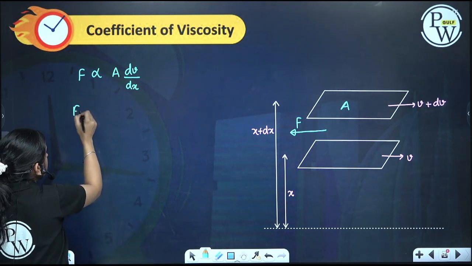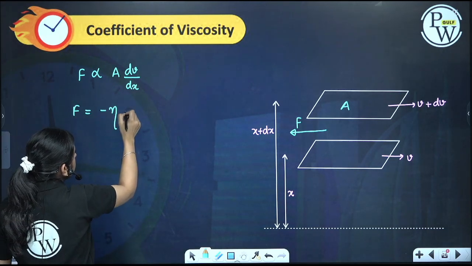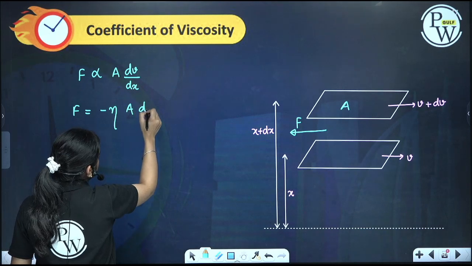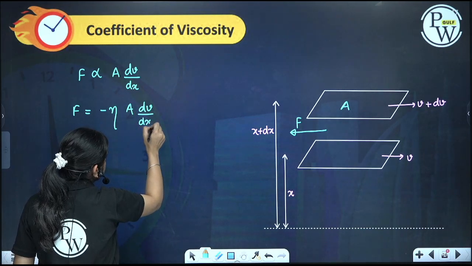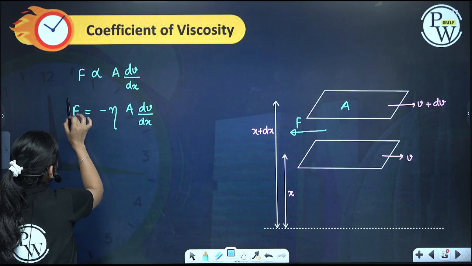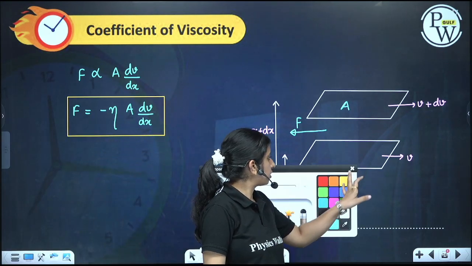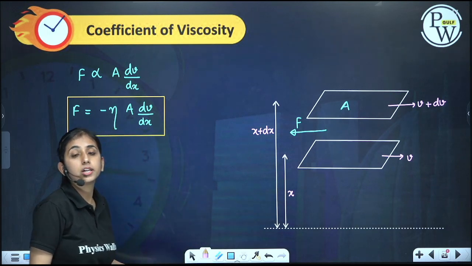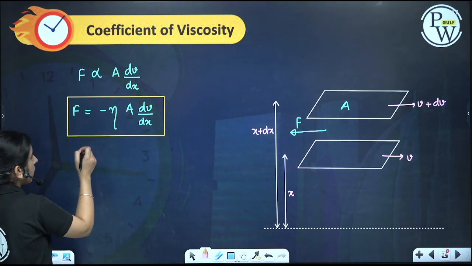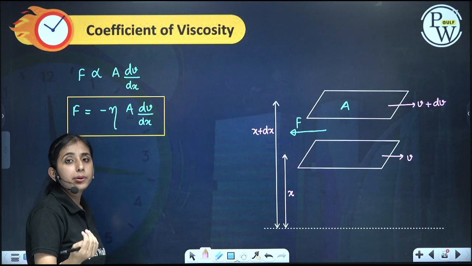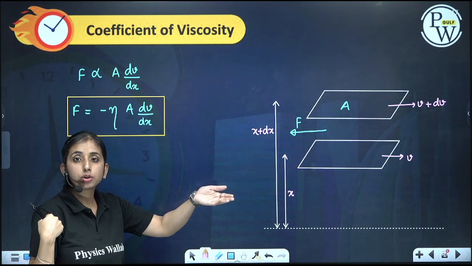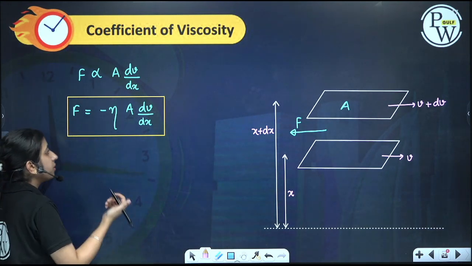So introducing the proportionality constant, we get F equals minus eta A dv by dx. This proportionality constant is called the coefficient of viscosity. Why the negative sign? Because the force is opposite to the direction of relative motion between the layers.